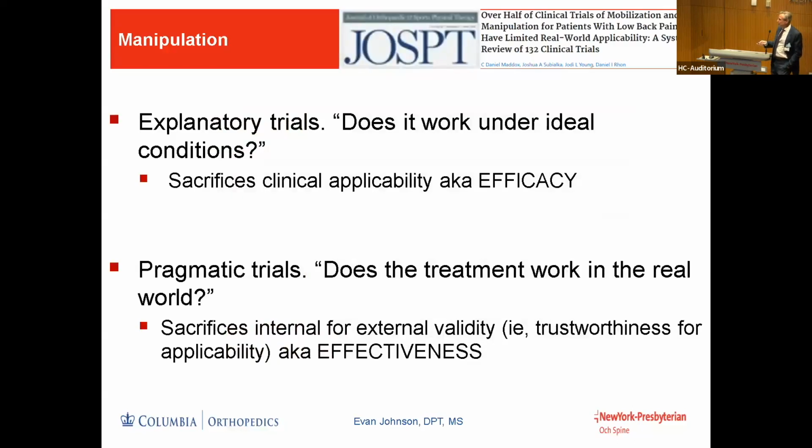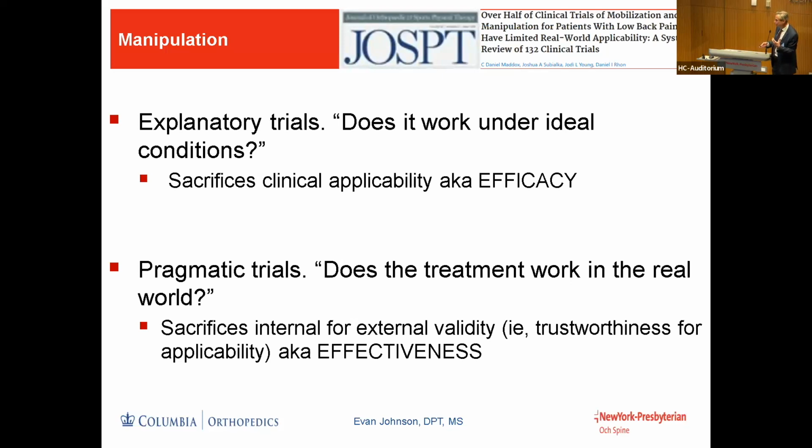So where are we on the research? There are two kinds of trials here: explanatory trials and pragmatic trials. The one is what I've looked at, the biomechanics under ideal conditions. Does it work when we set up the conditions, with a machine that gives an exact amount of force and an exact amount of time, and what do we find?